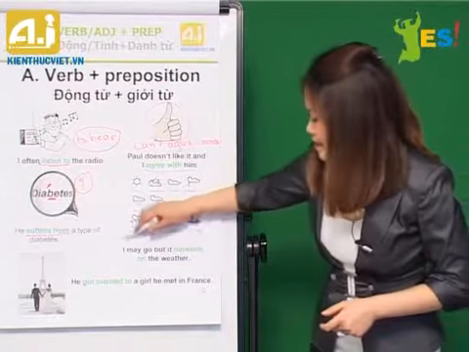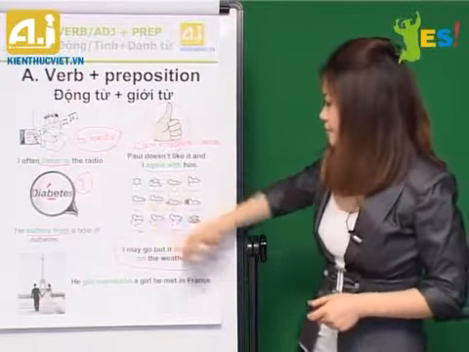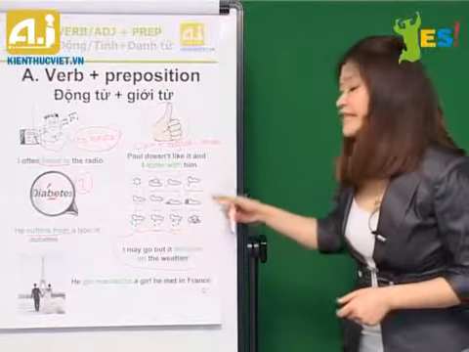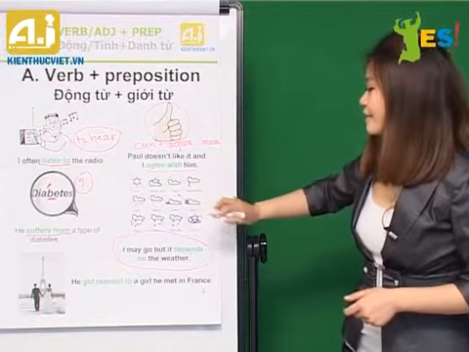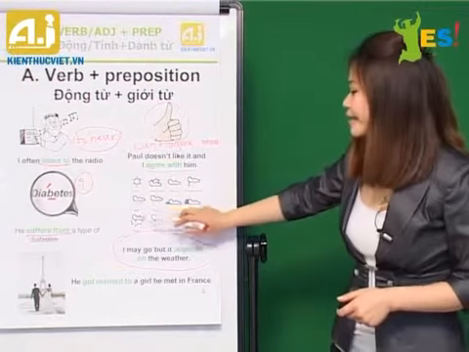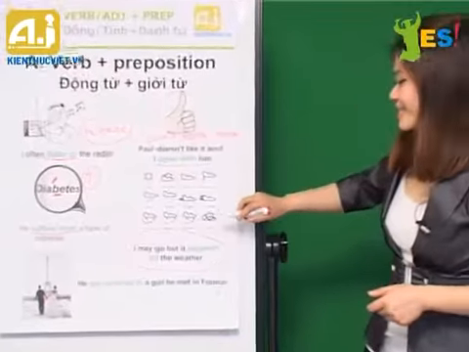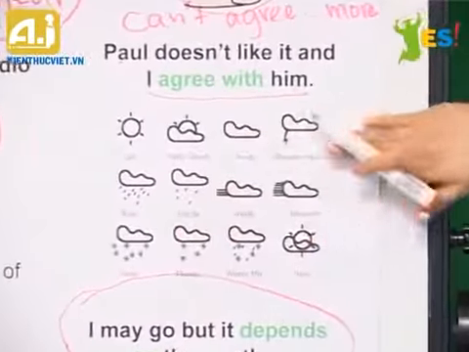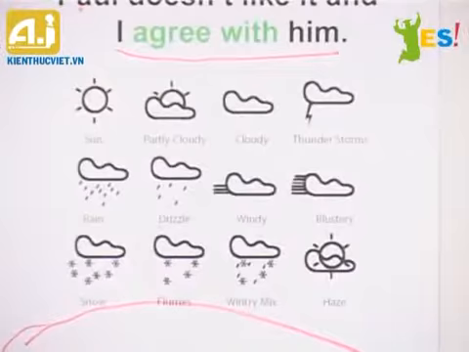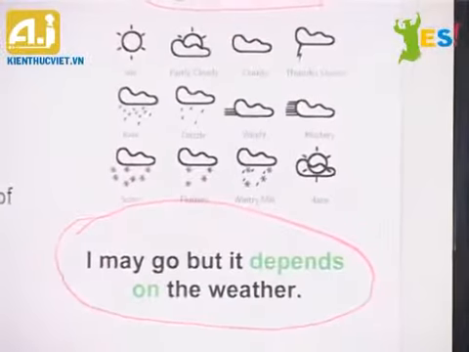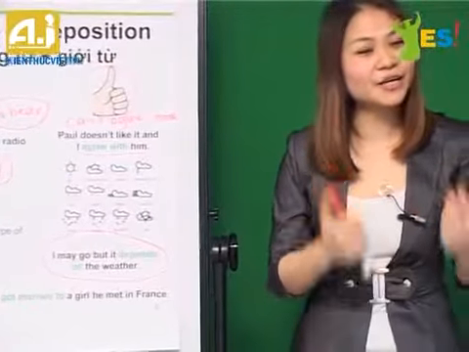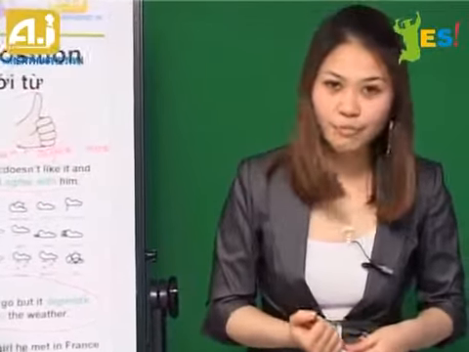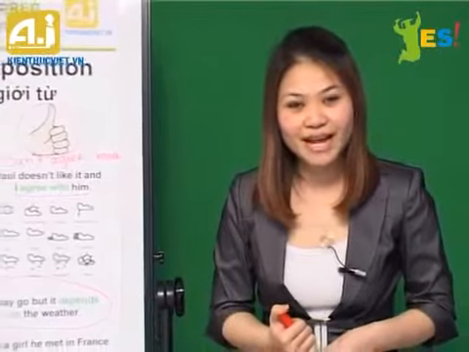Next one, we have to depend on. Now, if we look at different signs for the weather, sun, cloudy, thunderstorms, rain, drizzle, windy, blustery, snow, we have a lot of different types of weather. You may go out, of course, when it doesn't rain, and on a rainy day, a lot of people prefer staying home to feel more comfortable, right?